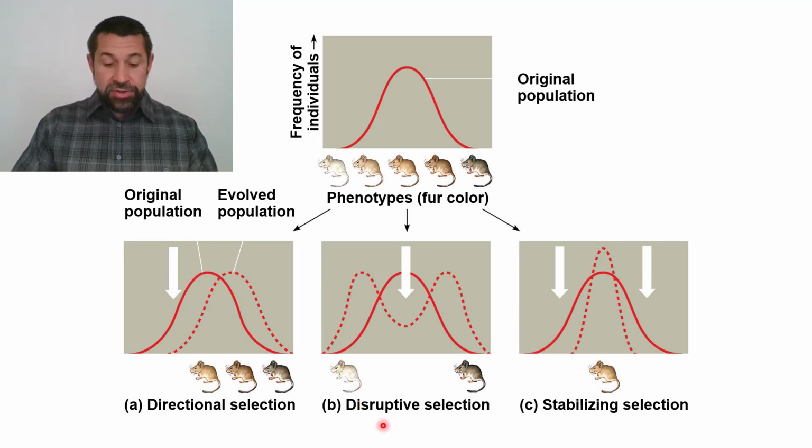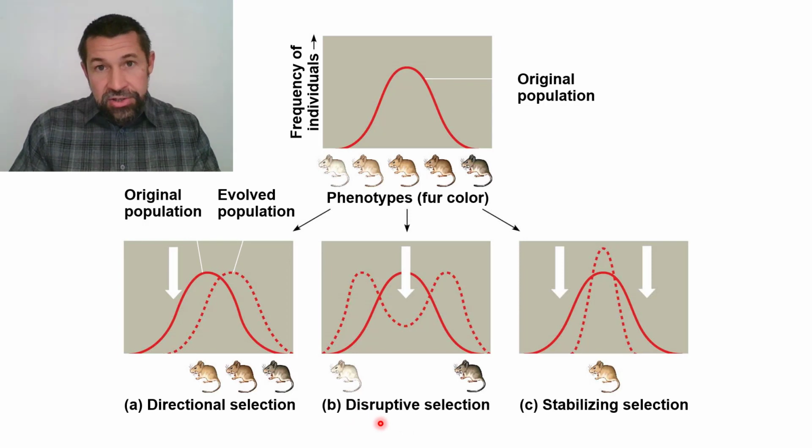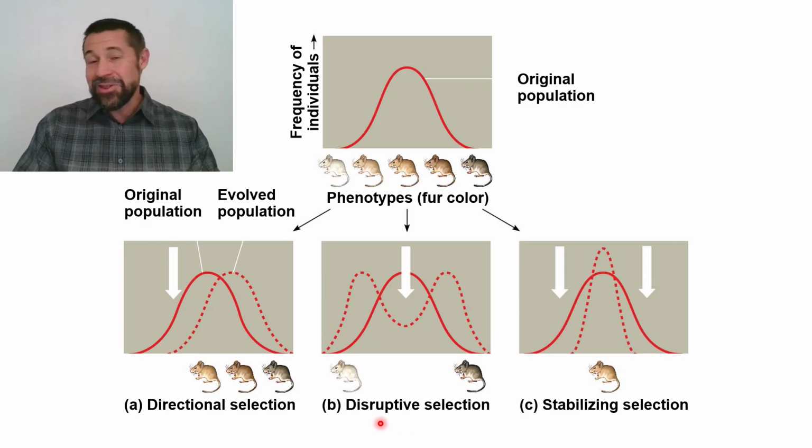Okay, disruptive selection. I want you to imagine a beach, maybe in the Hawaiian Islands. So you've got light colored sand all over the beach, and then you've got these emergent patches of dark volcanic rock.